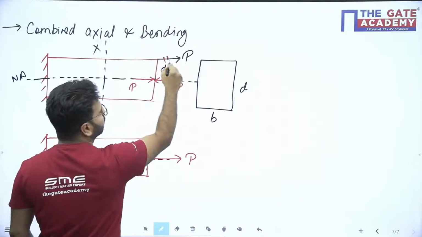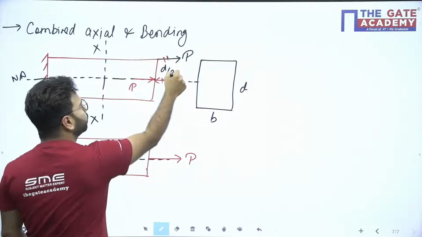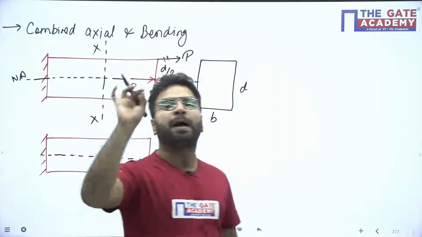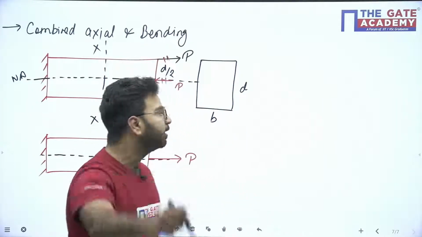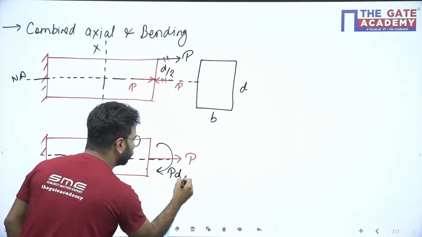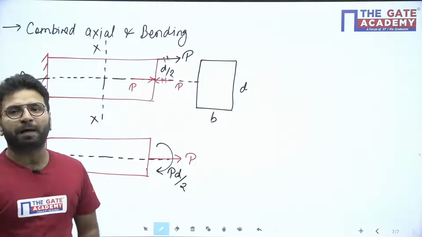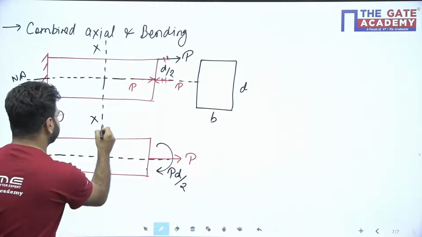You can see how the couple will come here, clockwise, anti-clockwise. These two forces are equal, opposite, parallel forces, so two equal opposite parallel forces form a couple. Here the couple will be P into D by 2. Now you can see this is my section XX.